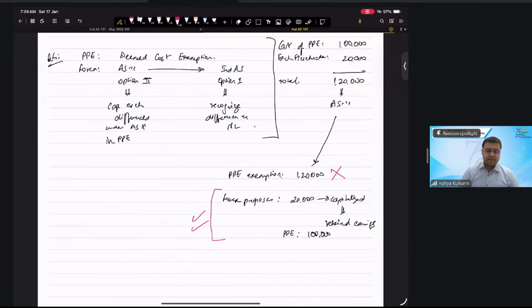And if I follow the PPE exemption and bring it at 1,20,000, then I will be non-compliant as far as the forex provisions are concerned, because there I am capitalizing 20,000 in the cost of the property, plant, equipment, and to that extent I will not be complying with the forex exemption.